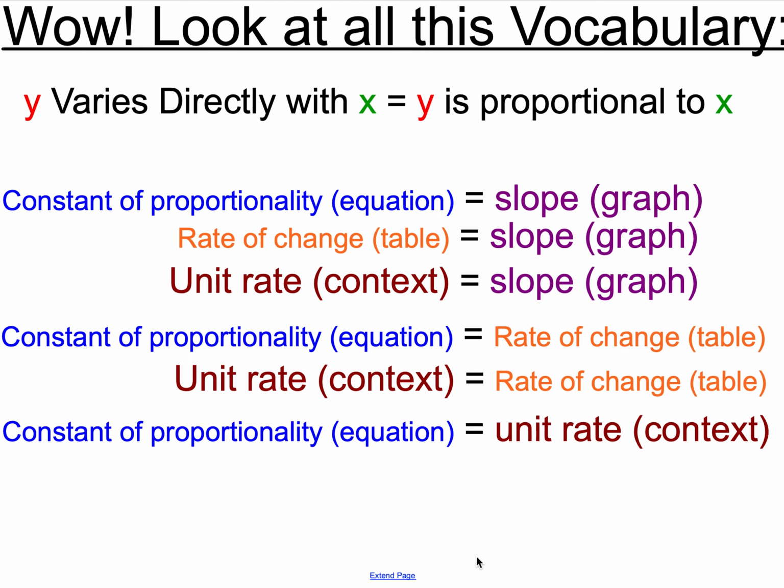All of these things are the same, okay? The constant of proportionality from an equation is the same as what you would calculate in a table as the rate of change. Unit rate from a context is the same as what you would calculate as a rate of change in a table. And the constant of proportionality from an equation is the same as what you would calculate as the unit rate in some sort of context. So all of these are related.